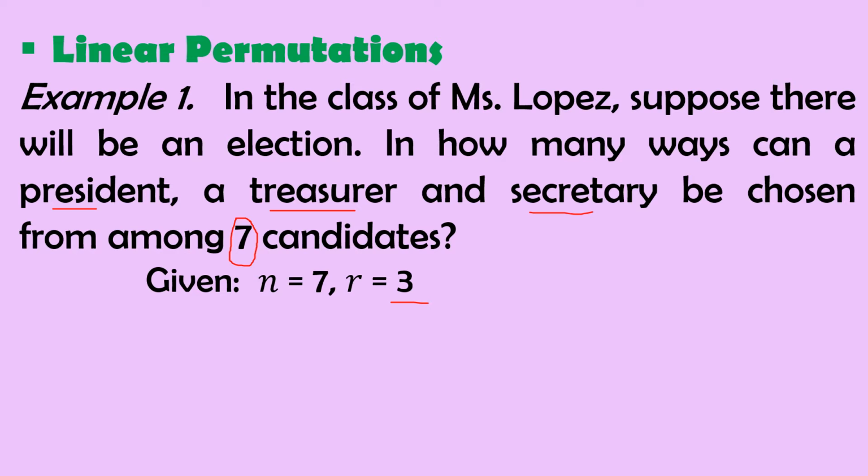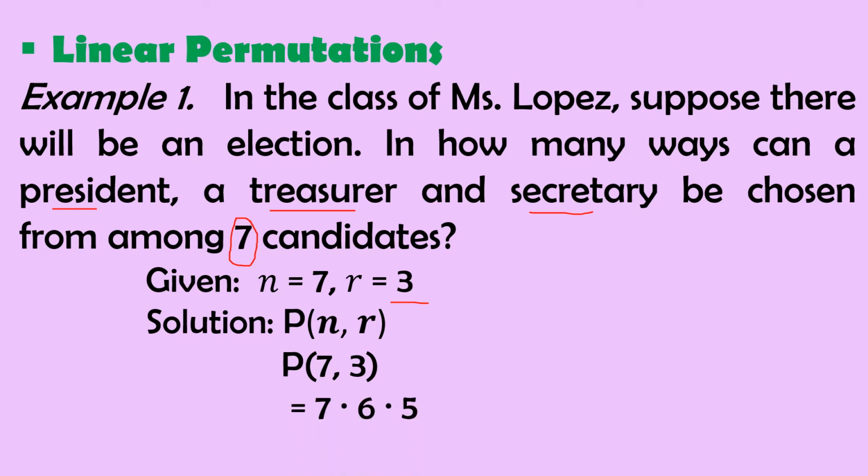We all know that the value of n is always greater than the value of r. So let us now use the formula of permutation, which is permutation of n and r. Next is to substitute the value of n to 7 and r to 3. Let us now simplify, so this will become 7 multiplied by 6 multiplied by 5.